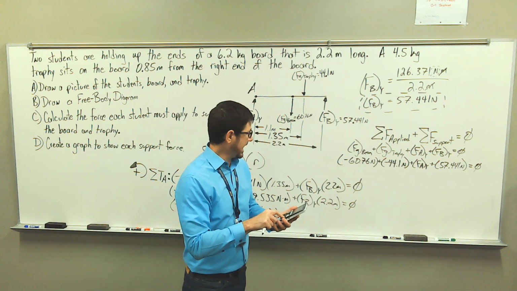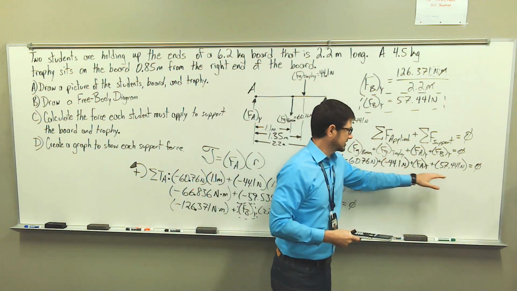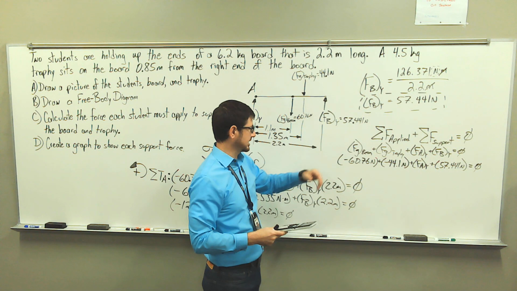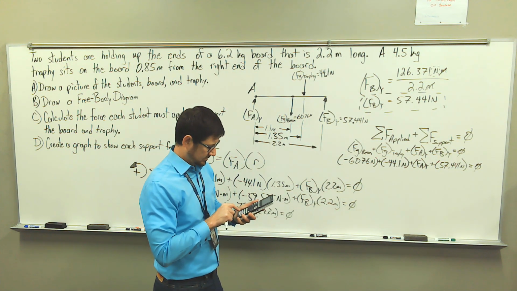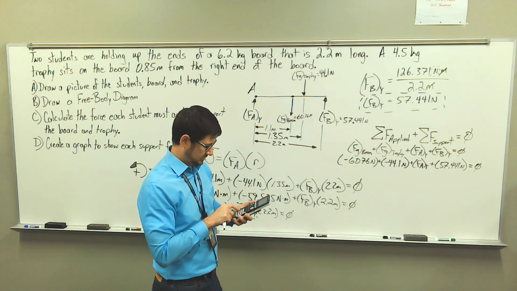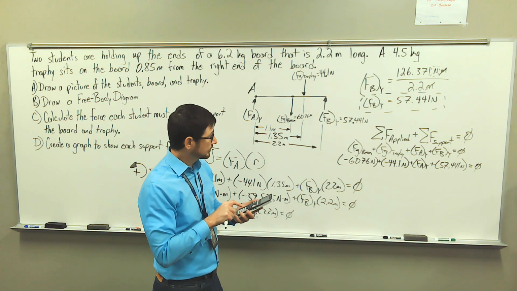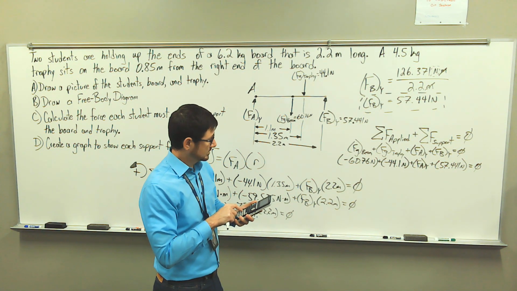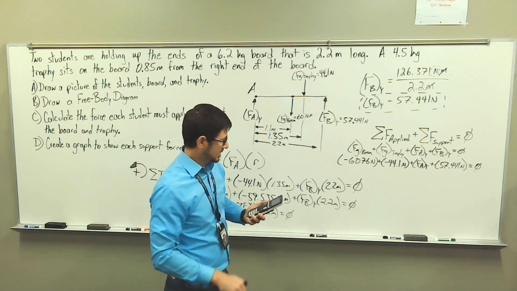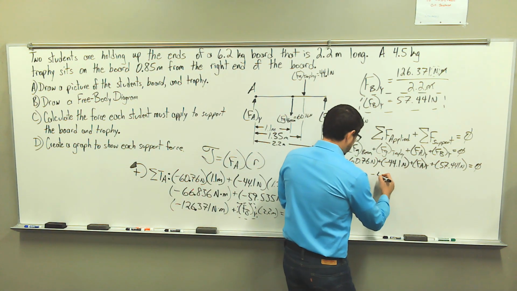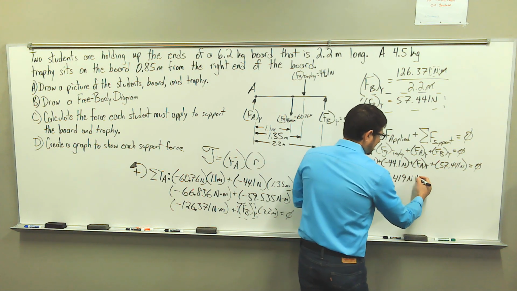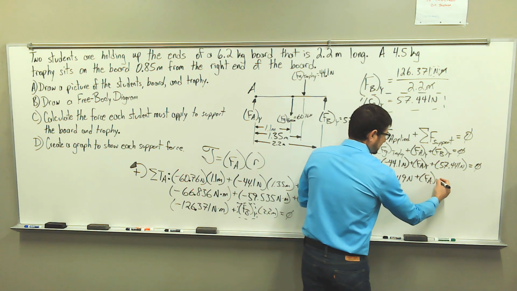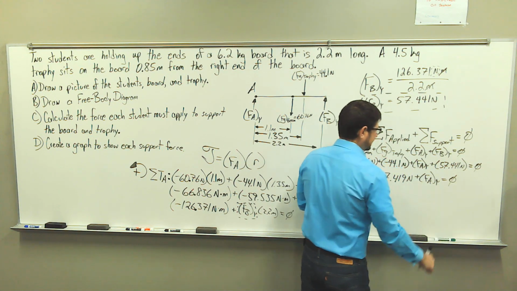All right, we're going to add these three values. So we have like units here, so we can add those. Okay, we get negative 47.419 newtons plus support force A. Set that equal to 0.